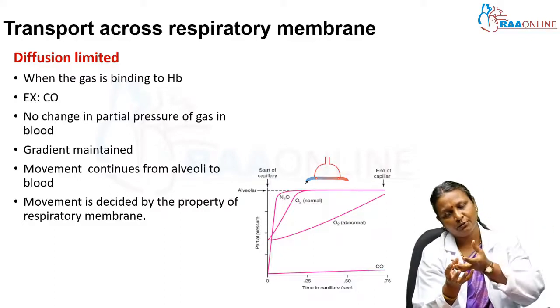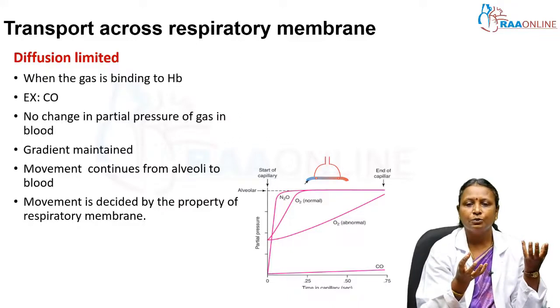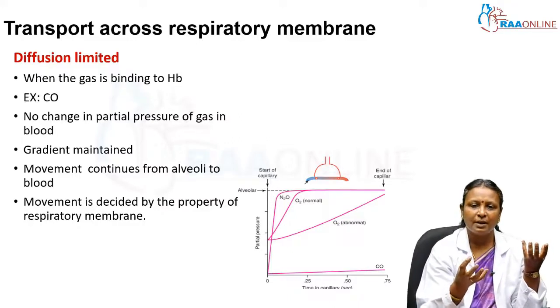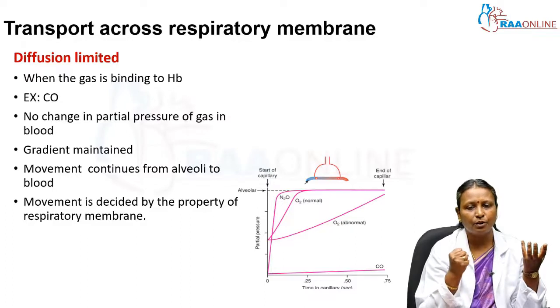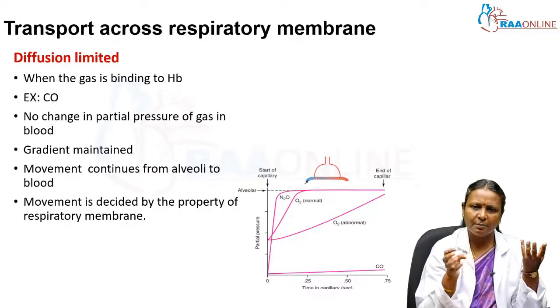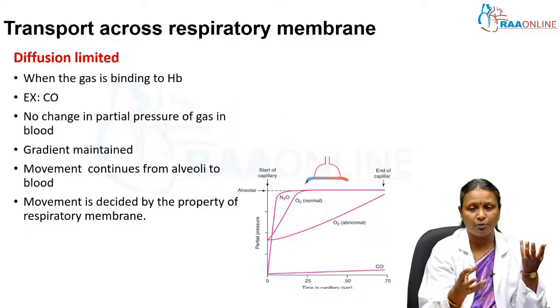Carbon monoxide diffuses from the alveoli into the blood. Once it enters the blood, immediately it is going to bind to the hemoglobin molecule. So as it is continuously binding with the hemoglobin molecule, there is no free carbon monoxide available in the plasma. The partial pressure of carbon monoxide in the blood will be very, very less.